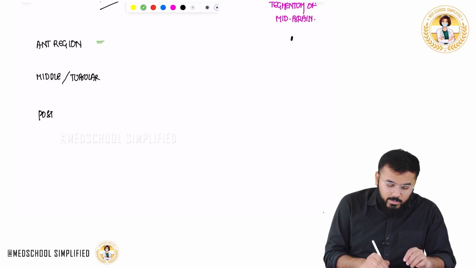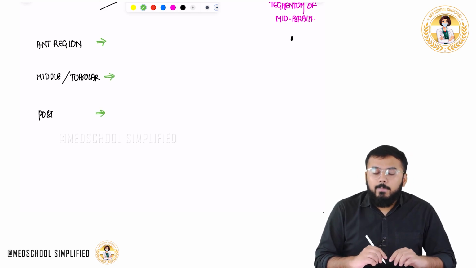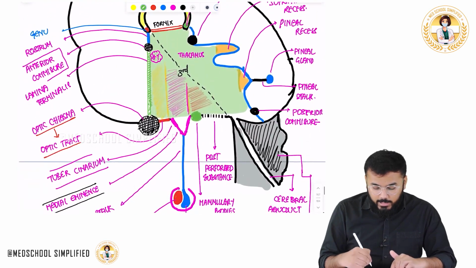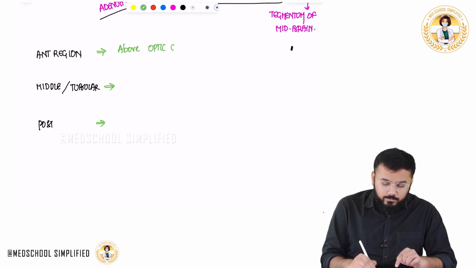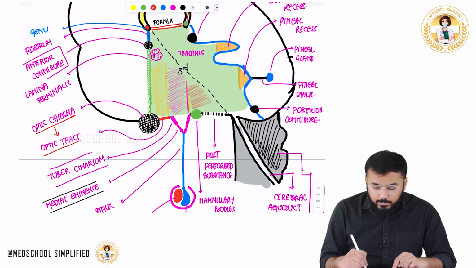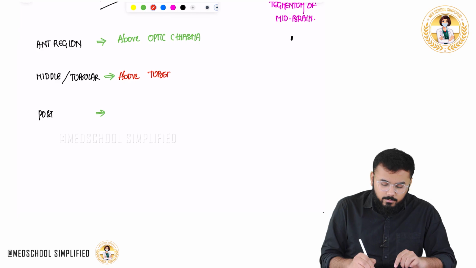So now tell me, where are the anterior region, middle region or tubular region, and posterior region located? The anterior region is located above the optic chiasma, right? Okay. After that, where is the middle region located? The middle region is located above the tuber cinereum.